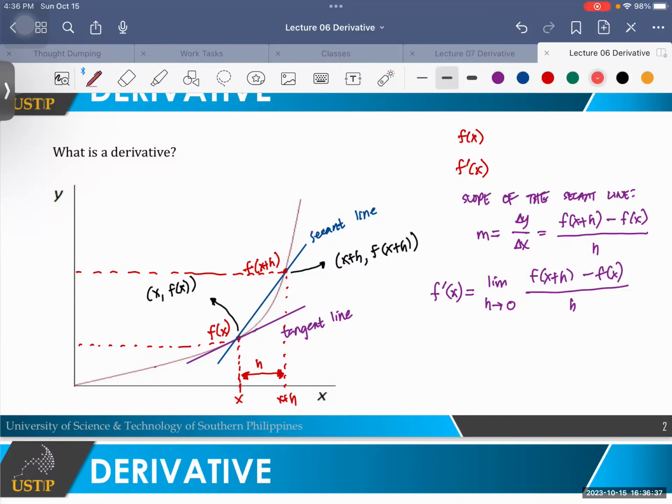So this is now your slope of the tangent line. And of course, you computed earlier that the slope of the tangent line is now the derivative of your function f of x. So we use our knowledge of limits in getting the derivative.